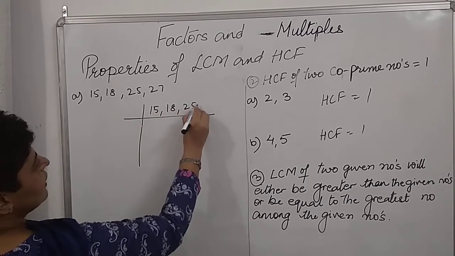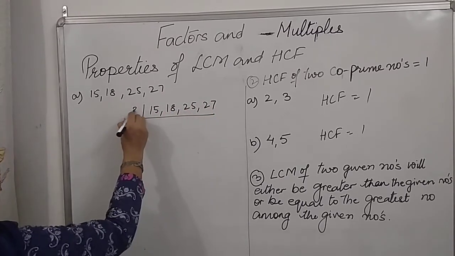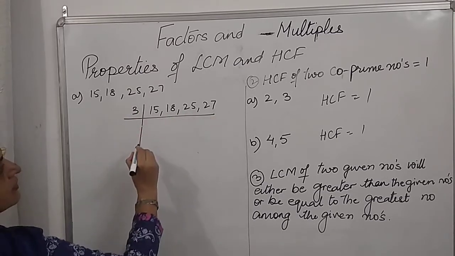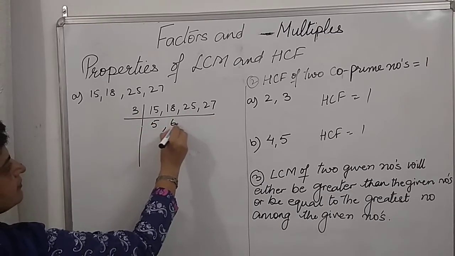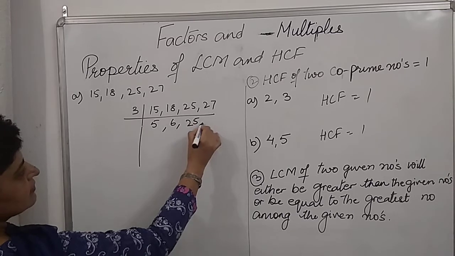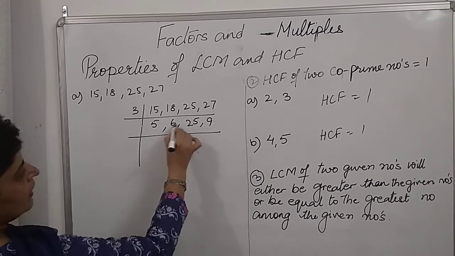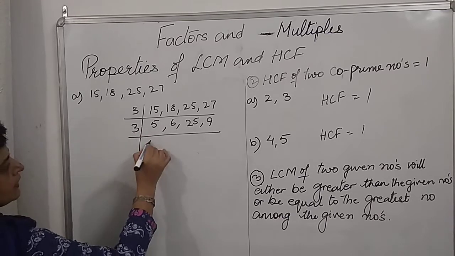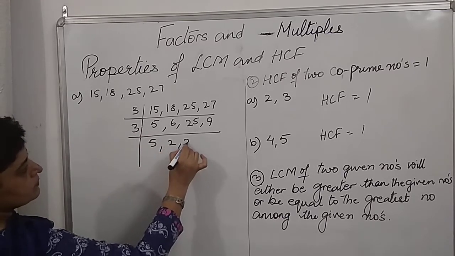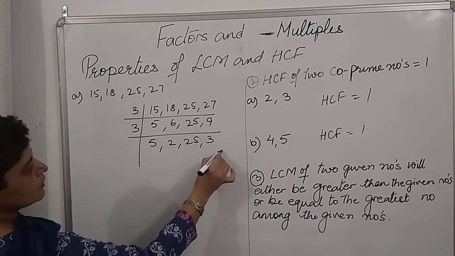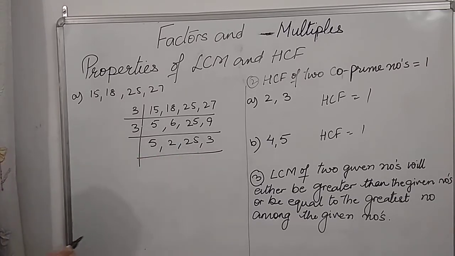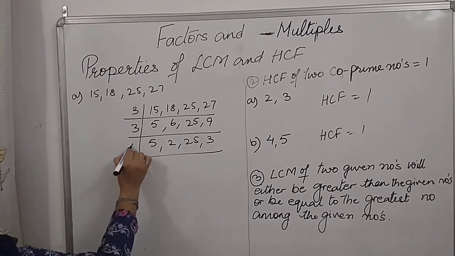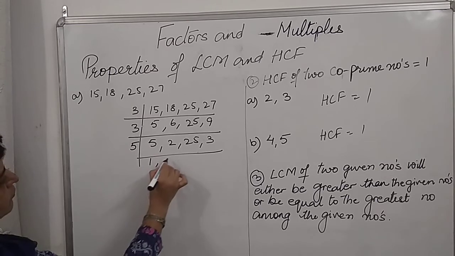15, 18, 25 and 27. So the numbers 15, 18 and 27 go with 3. 5 threes are 15, 6 threes are 18, 25 will come as it is, and 9. Again 6 and 9 are divisible by 3. Then 5 and 25, they are divisible by 5.